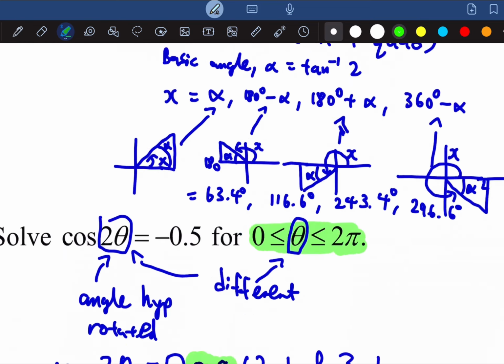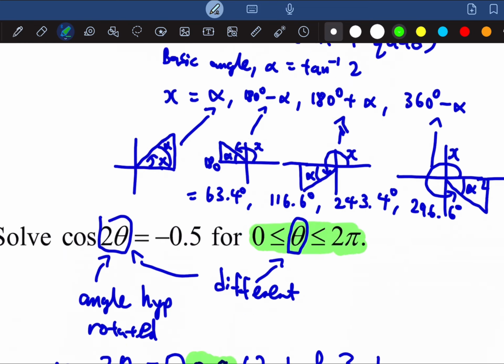So with this, I find the basic angle of 2 theta. If we key in the calculator, it is 60 degrees. It so happens that this triangle 30, 45, 60 is our special angle. So this is 60. So 60 is our 180 divided by 3, pi over 3. Very lucky, we don't need to change the mode of our calculator.